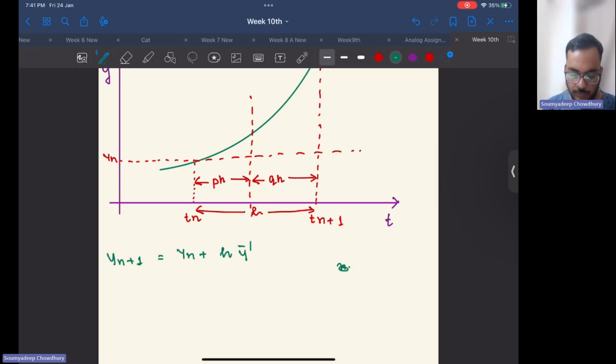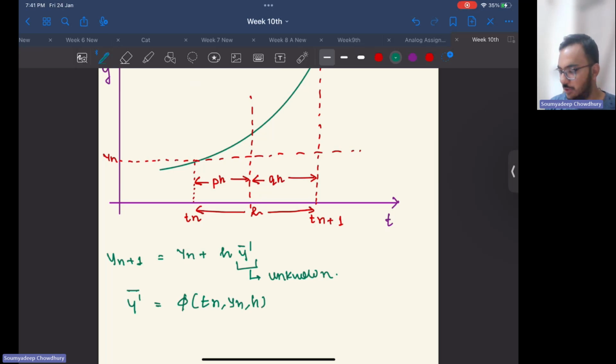So we have to find out what is this y dash bar. This is unknown to us now. This y dash will be a function of Tn, Yn and H. So our aim will be to find this out first.